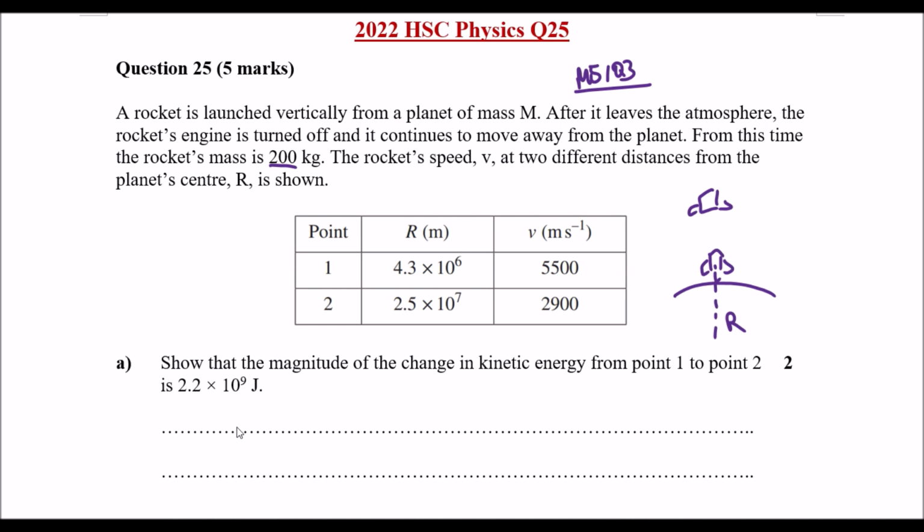Okay, so what we know is the change in kinetic energy is equal to the final minus the initial. So point 2 is obviously the final point, and point 1 is our initial point. So we'll have the kinetic energy at 2 subtracted by the kinetic energy at 1.